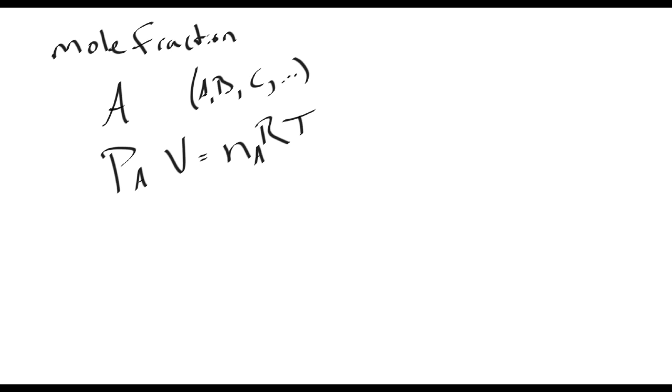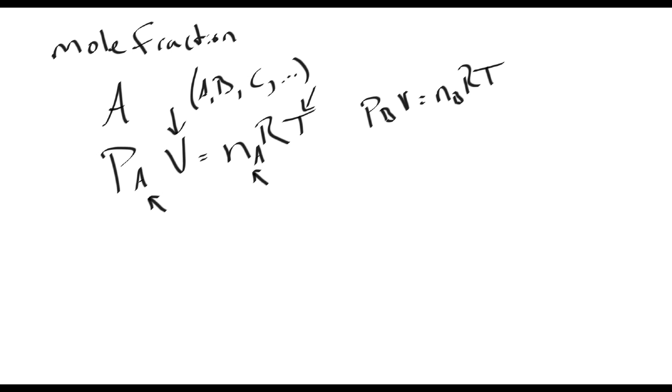like so. Because the gases are all in the same container, they all have the same volume and temperature, but they have different numbers of moles and different pressures, right? So PA times V equals NA times RT. PB times V equals NB times RT.